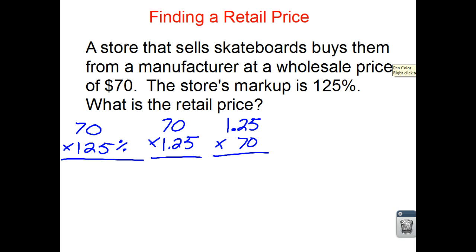All right, so let's go. 5 times 0, 2 times 0, 1 times 0, a nice little happy face. 7 times 5 is 35. 7 times 2 is 14, add the 3 is 17. 7 times 1, add the 1 is 8. And we're going to be adding these up.